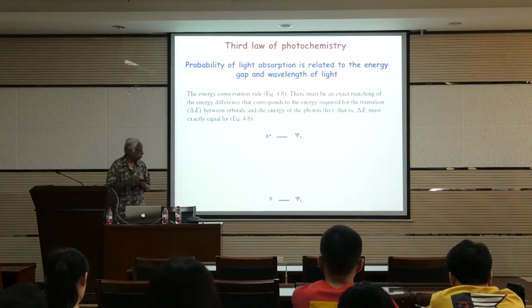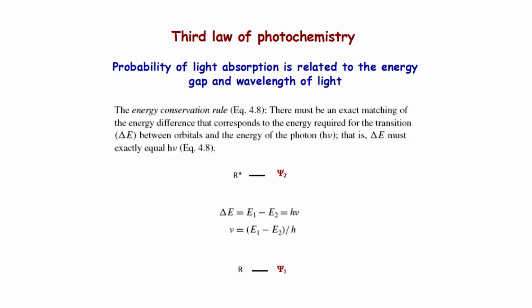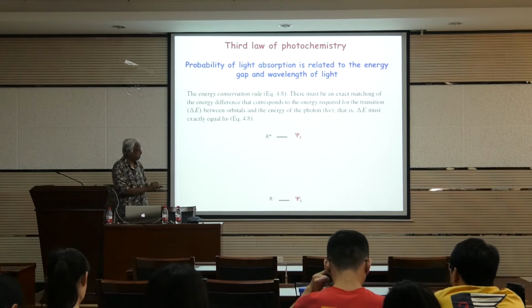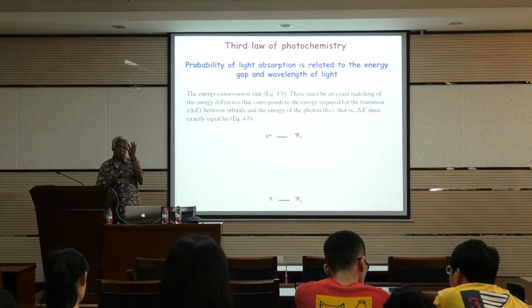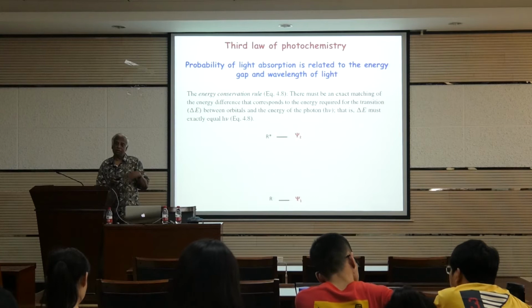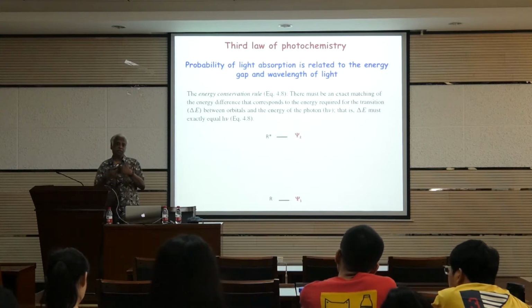Whether it can use it depends upon the gap between here and here. So this is the ground state and the excited state. If the molecule wants to go from here to here, it needs this much energy. That energy is h nu, and nu is c over lambda. Lambda is the wavelength. If this wavelength corresponds to that gap, then that part of the light will be absorbed. Whatever does not correspond to that, it will just leave out.